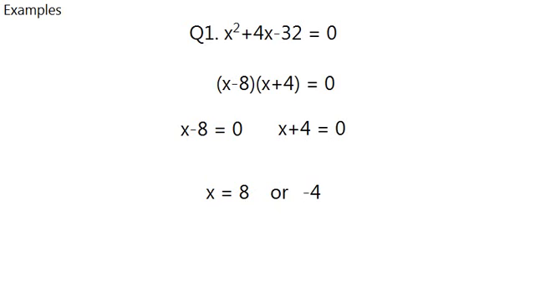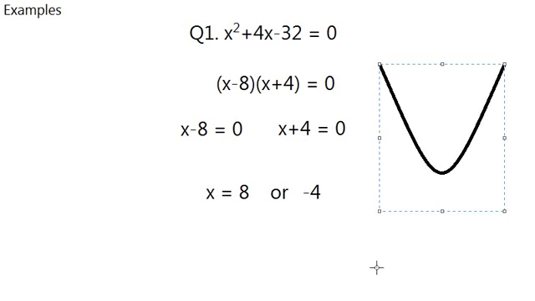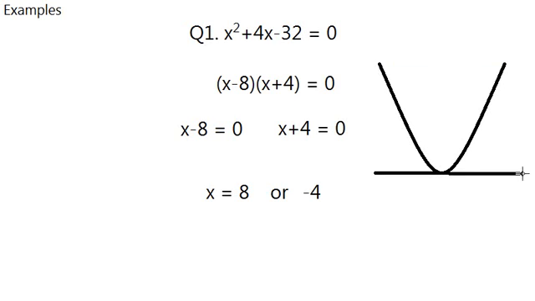And if you remember, a parabola, which is a classic quadratic graph, looks like this, and the x-axis pretty much goes right here. This is for the x squared function, but most of the time it looks kind of like this.